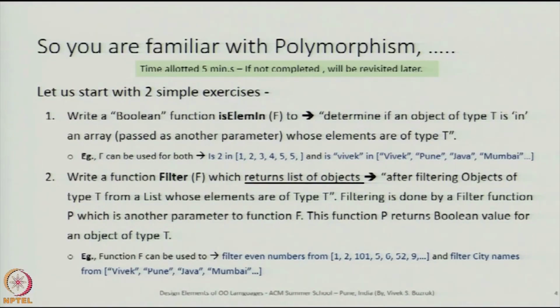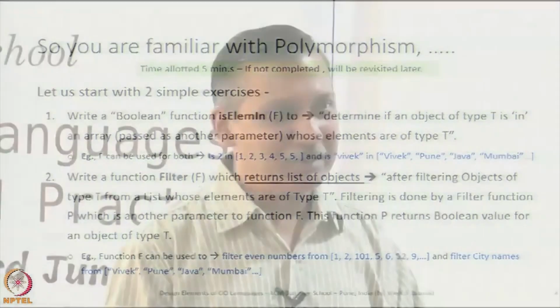Write a Boolean function isElemIn, we will call it f basically, to determine if an object of type T is in an array passed as another parameter whose elements are of type T. An example is given: f can be used for both is 2 in this array and is Vivek in this particular array. You can use a meta language, you need not use Java or C++ also, but if you can do it in any of these languages, that's okay.